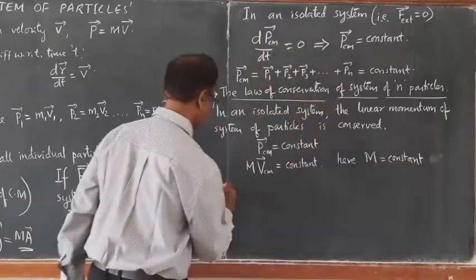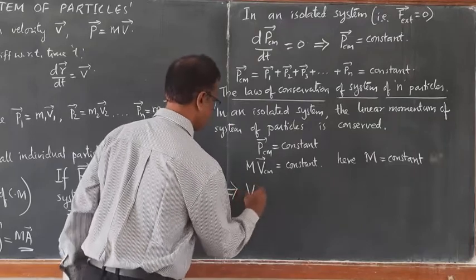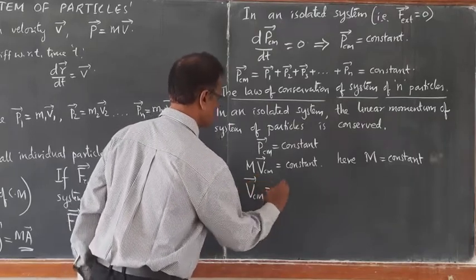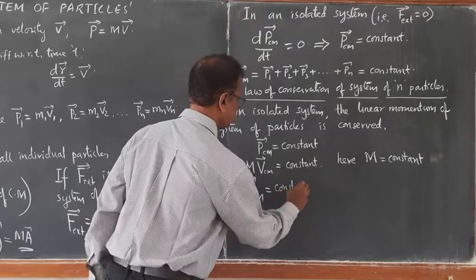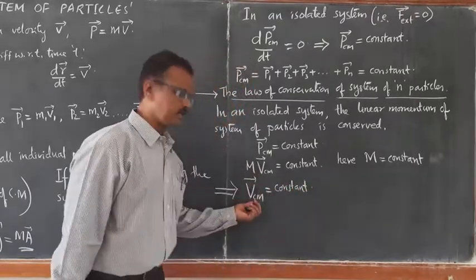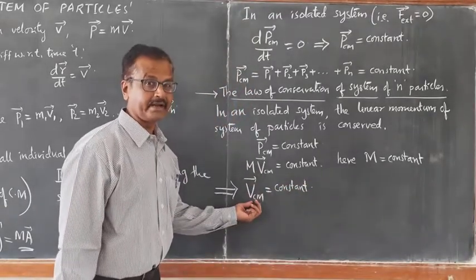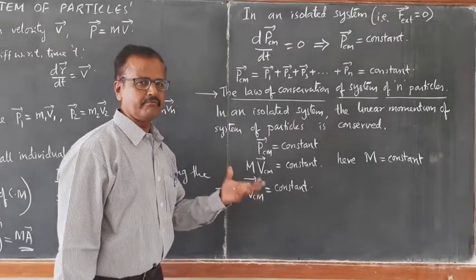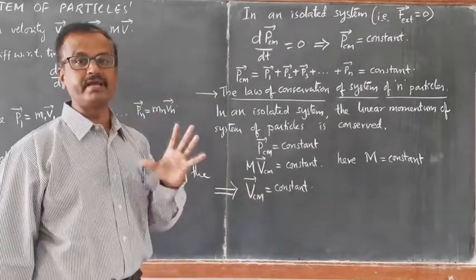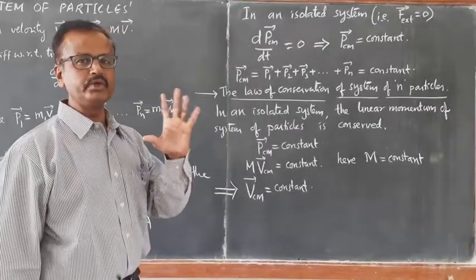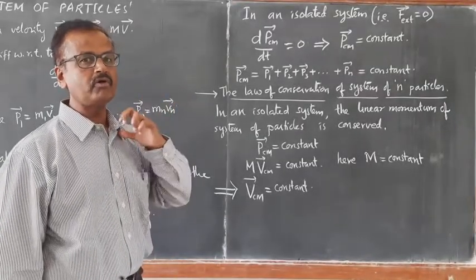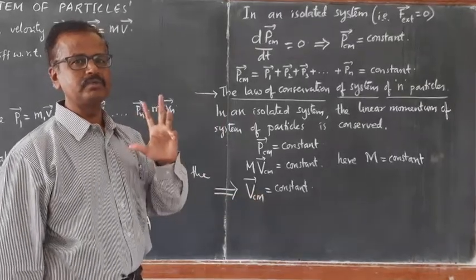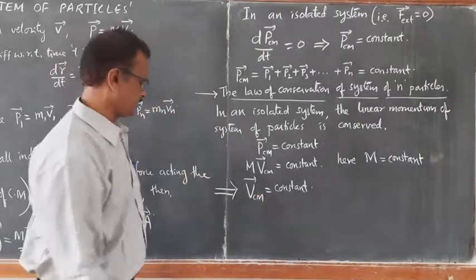This implies velocity of center of mass is also constant. Look here, velocity of center of mass is a vector quantity. So it's a constant, means the center of mass of system of n particles moves with uniform velocity along the straight line.